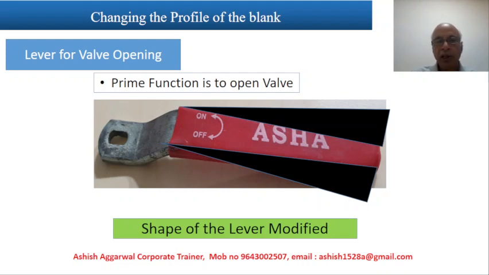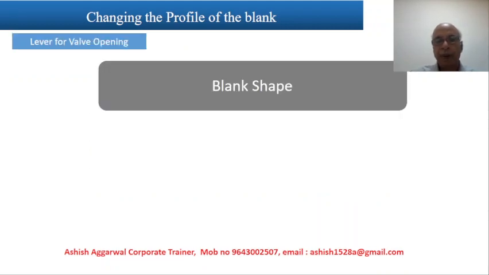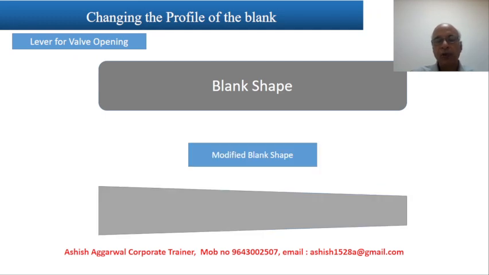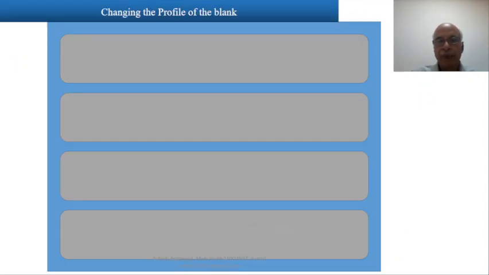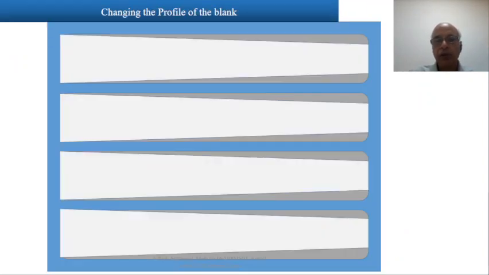But if we change the design of this lever, you can see the modified shape. So my blank shape is going to change. Now it is a tapered blank, whereas earlier it was a rectangular blank. When we go with the same strip, what is the benefit?